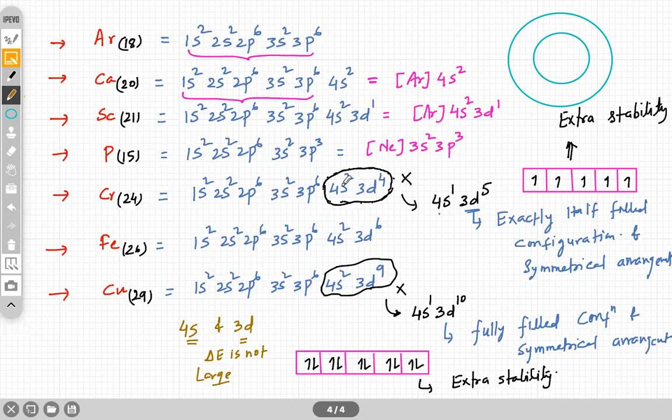Transition is possible here. But for S and P orbitals, if you see 3s and 3p, the energy gap is relatively large. And that energy gap is sufficient enough to prevent the excitation of an electron from S to P orbital. That's why this is true only for S and D orbitals, like 4s and 3d we have here.